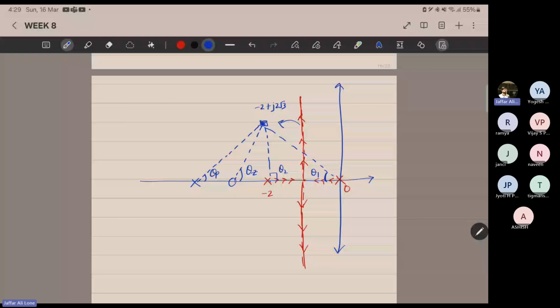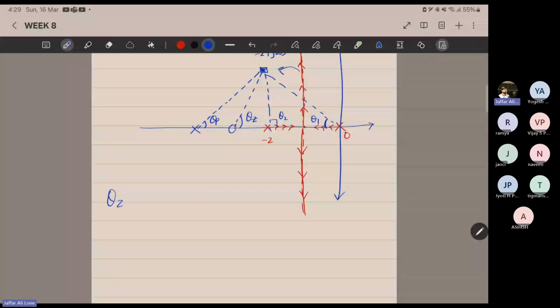So I can write it like this: theta z minus theta p, then I have two more poles, which give theta 2 and theta 1, and this should be equal to 180, right? So in order for that point to lie on the root locus, this angle contribution should be 180.